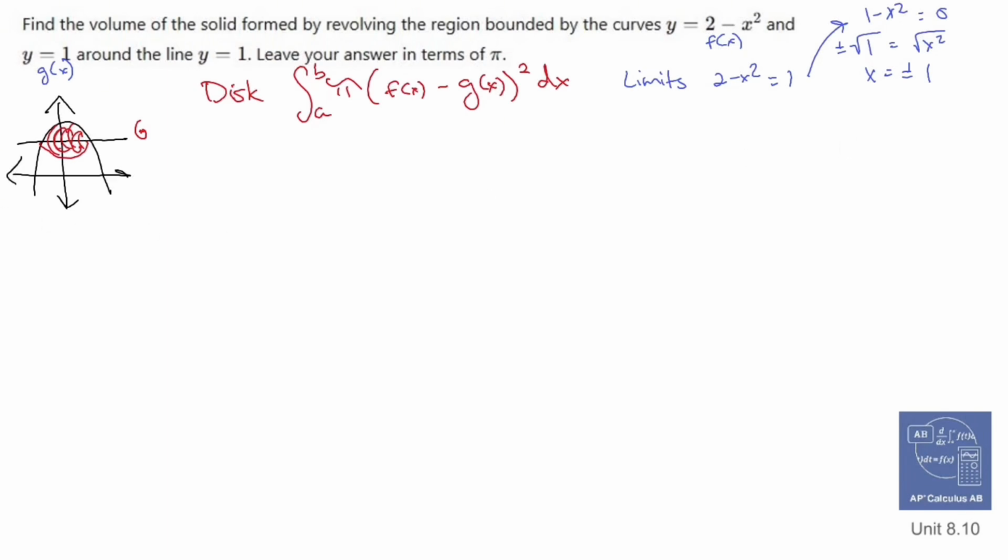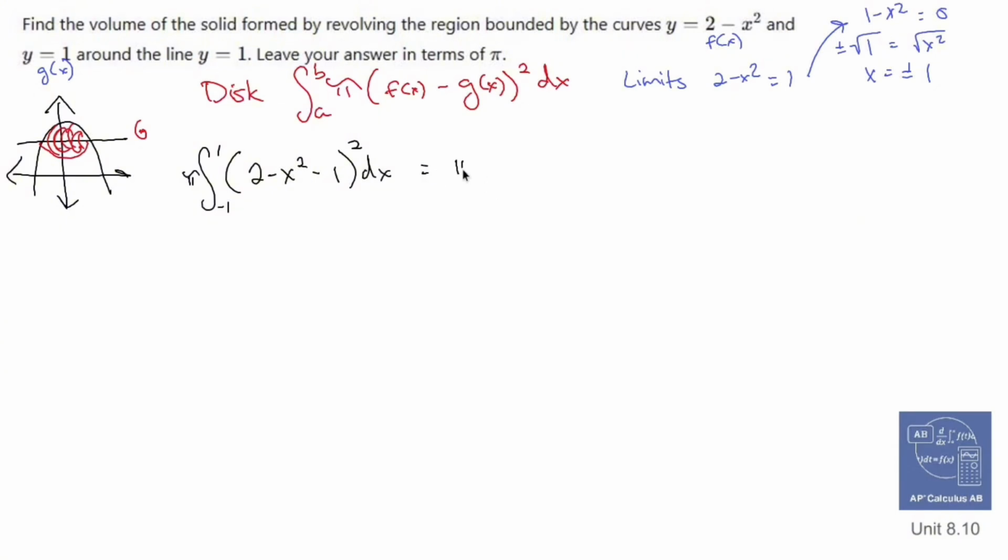Okay, so let's set this god-awful mess up. We have the integral from negative 1 to 1. Let's move the pi out front because I can. That is f of x, 2 minus x squared, minus g of x, 1, dx. Don't forget to square it.